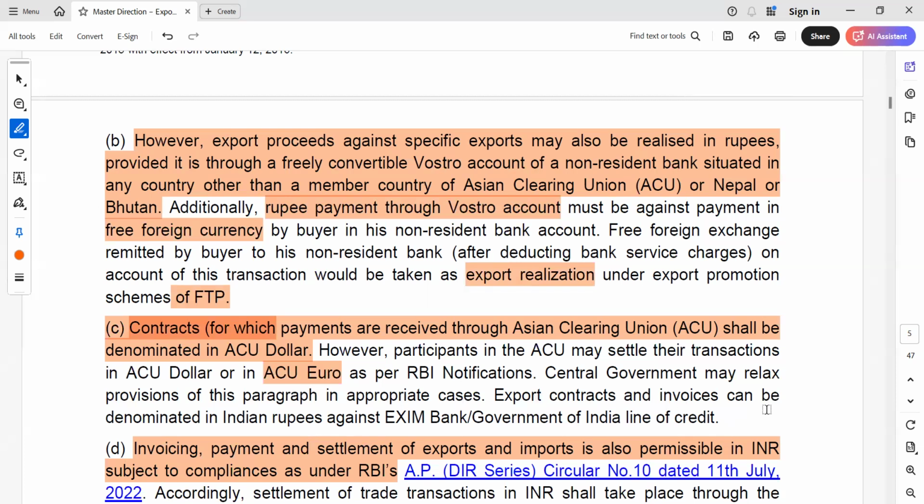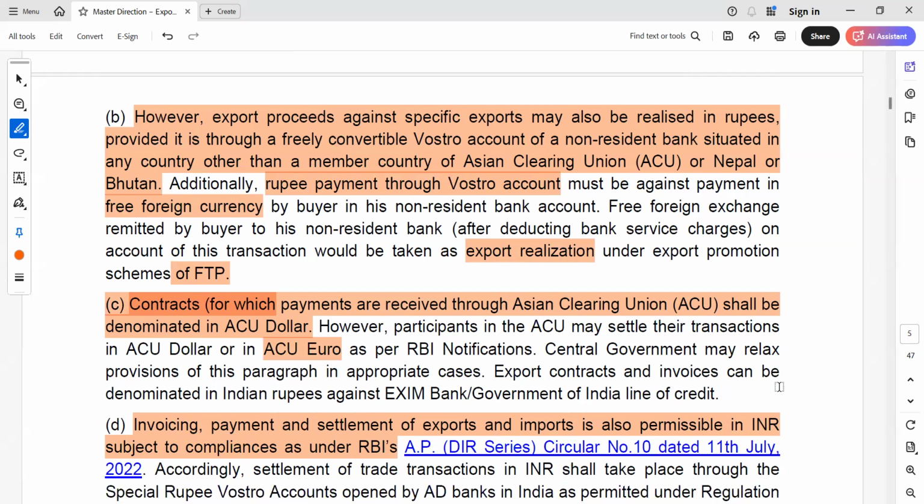Export contract and invoices can be denominated in Indian rupees against Exim Bank and Government of India line of credit. Okay.